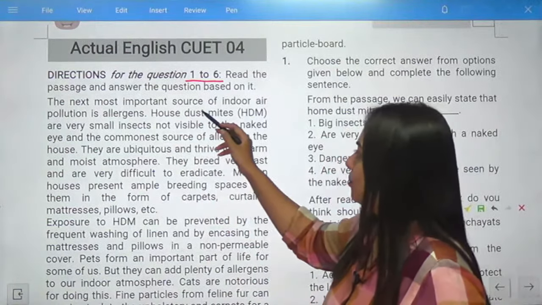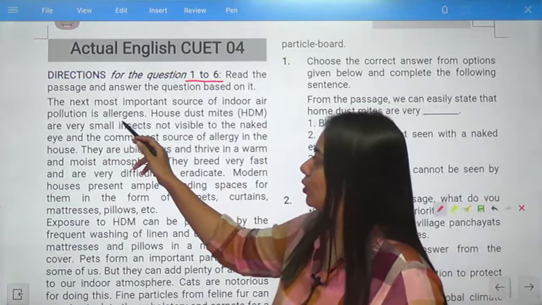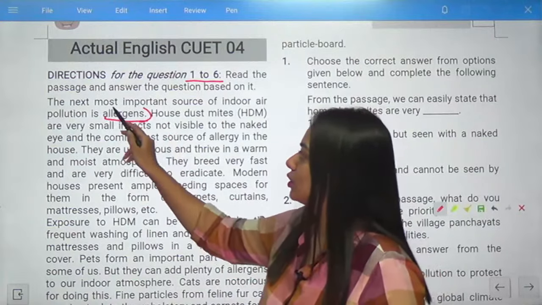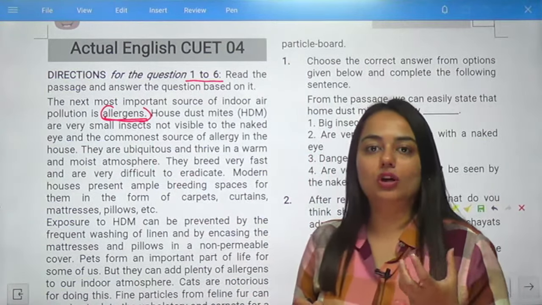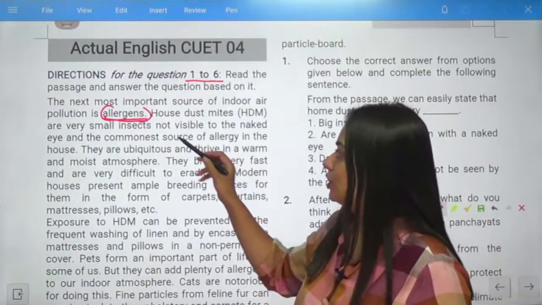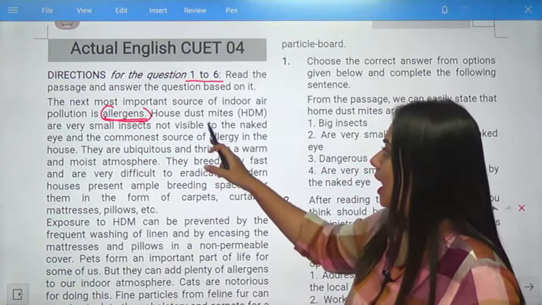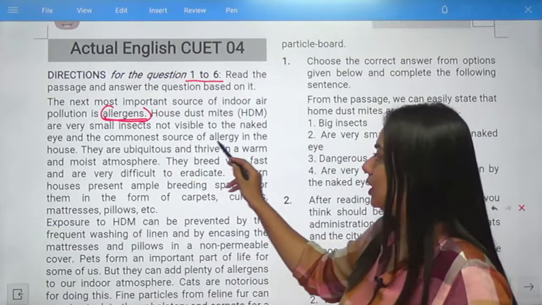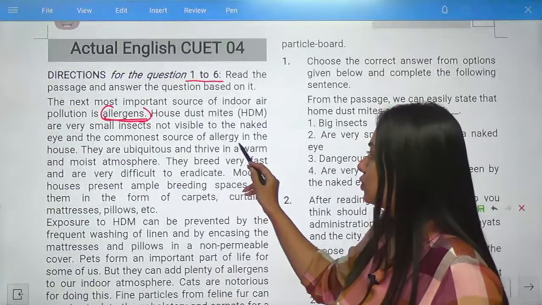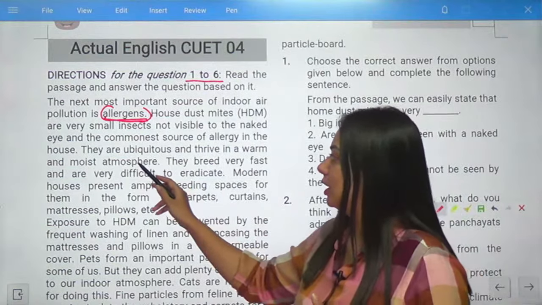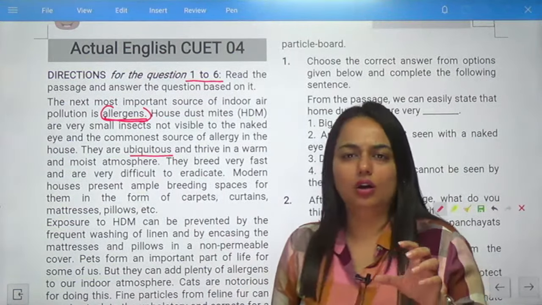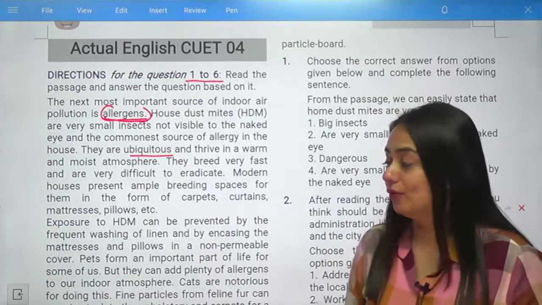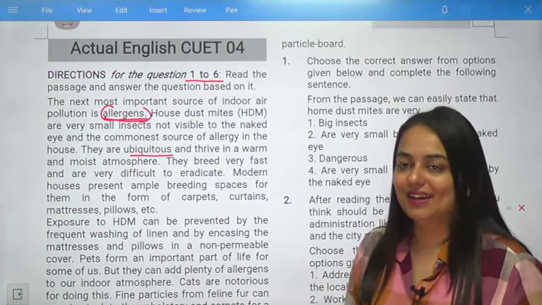The next most important source of indoor air pollution is allergens. So those substances that cause allergies. So allergens के ऊपर था ये पूरा passage. House dust mites are very small insects not visible to the naked eye and the commonest source of allergy in the house. They are ubiquitous. So good vocabulary was also seen there in the RCs.